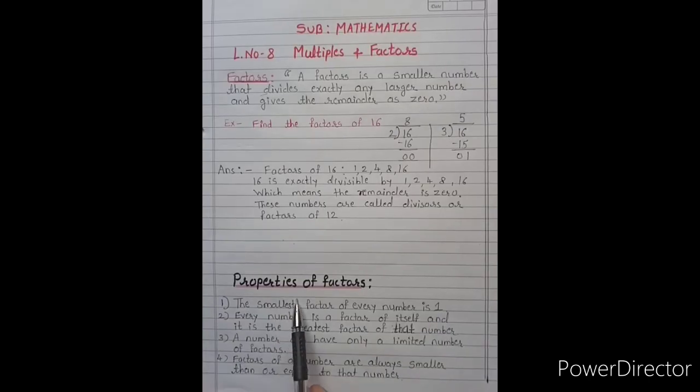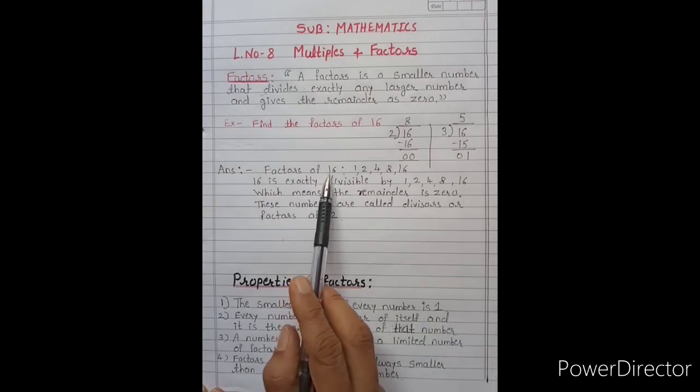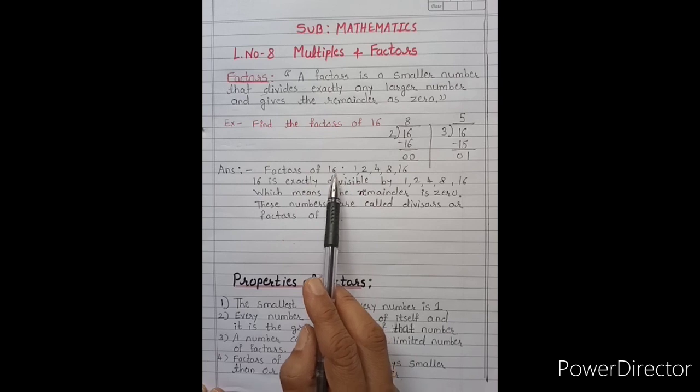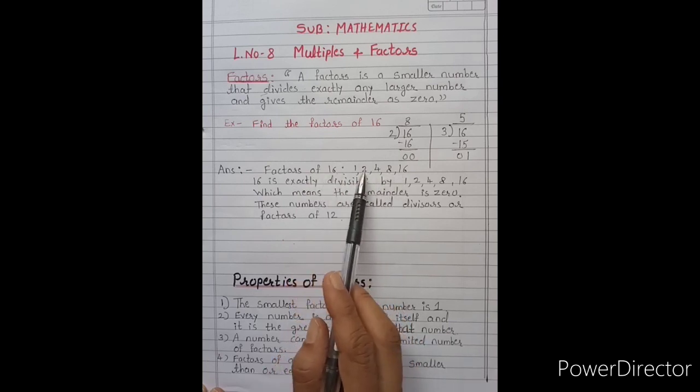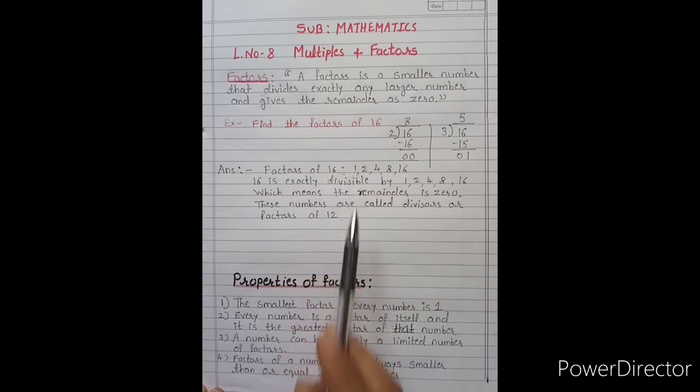Now learn the properties of factors. The smallest factor of every number is 1. Every number is a factor of itself and it is the greatest factor of that number. If you will observe this example, 16 is a factor of that number and the smallest factor of 16 is 1.